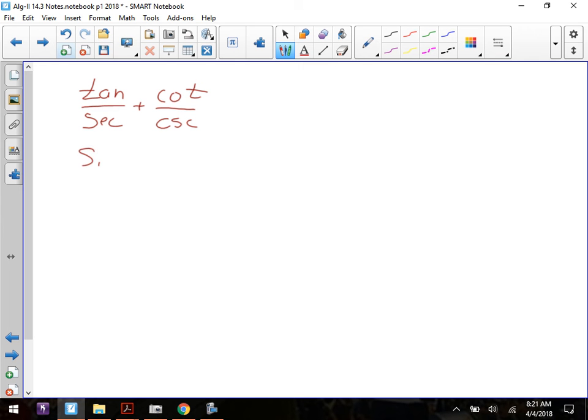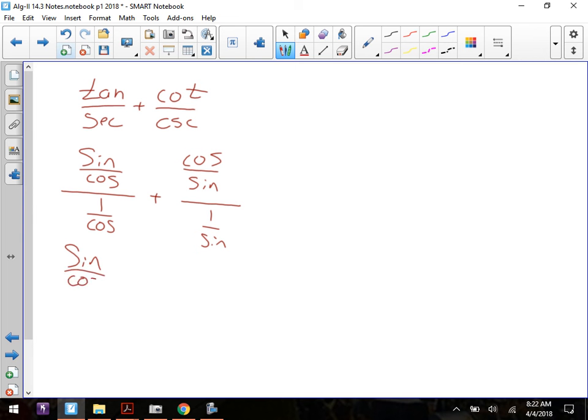So I have a sine over cosine divided by 1 over cosine, and cosine over sine divided by 1 over sine. Because now, when I bring this one up to flip, I get sine, and I get sine plus cosine.